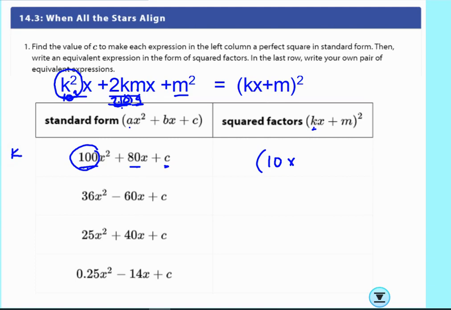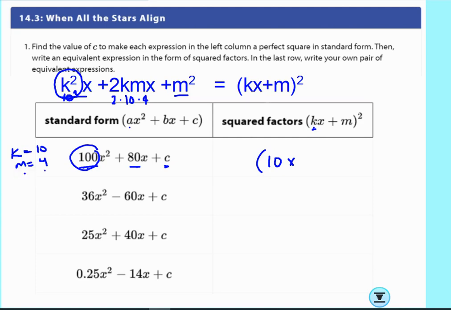So here, k equals 10 and m equals 4. And we kind of reasoned through that by what we knew and what we could figure out. So we had 2 times, k was 10, and we needed another 4 to get us to 80. 4 times 2 is 8, times 10 would be 80.